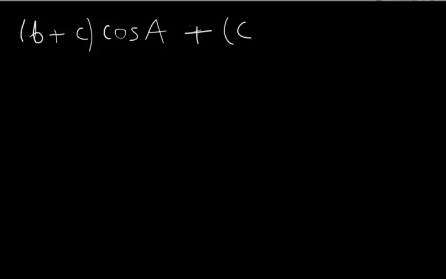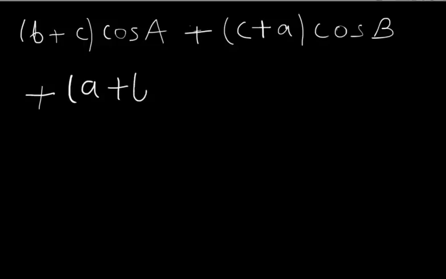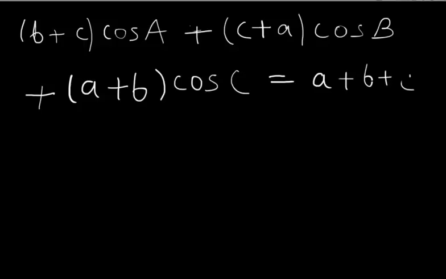So the first problem is, we need to prove this: (b + c) cos A + (c + a) cos B + (a + b) cos C is equal to the perimeter of the triangle, which is just equal to a + b + c. We need to prove this.